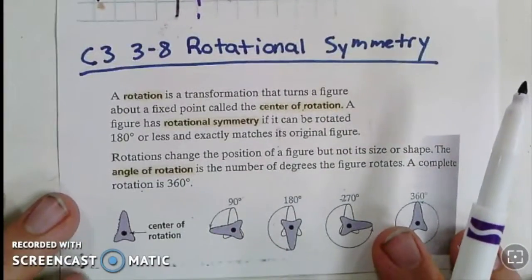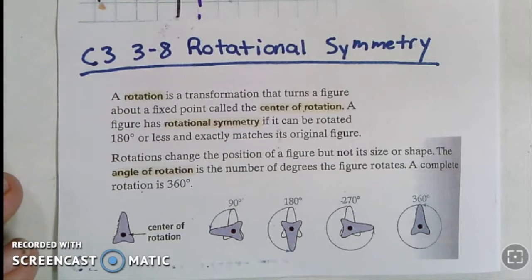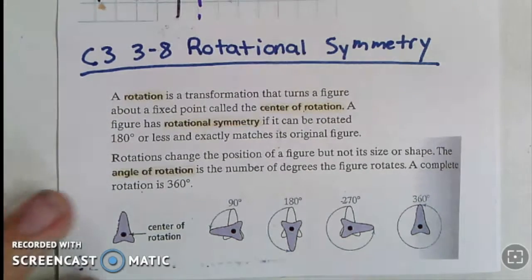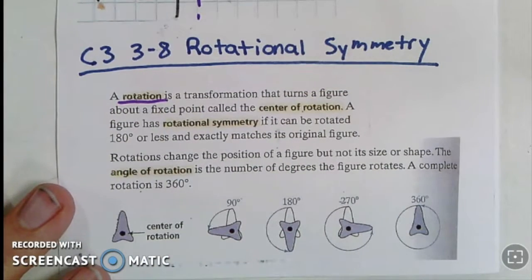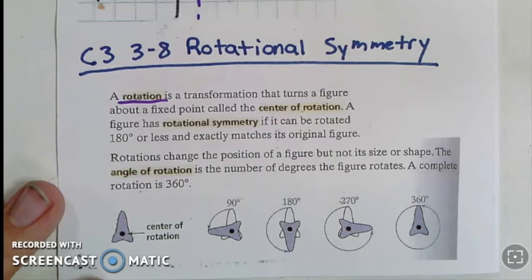All right, 3.8 is a little bit more challenging, and there's going to be another video I'm going to have you watch that shows a different way to do this, but first let's talk about how your book shows you how to do it. So a rotation is our third type of transformation that we're learning about. It is a transformation that turns a figure about a fixed point called the center of rotation.